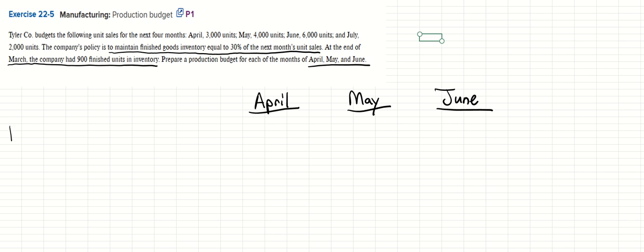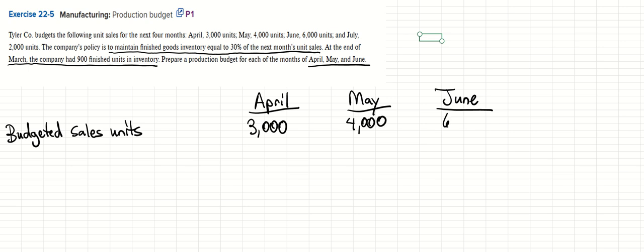So we're going to bring in budgeted sales units, and they already provide us with the numbers. For April, it is 3,000 units. May is 4,000 units, and June is 6,000 units. We don't need to bring in July because we're not preparing the budget for July, but we are going to be using the numbers, included in one of these months.